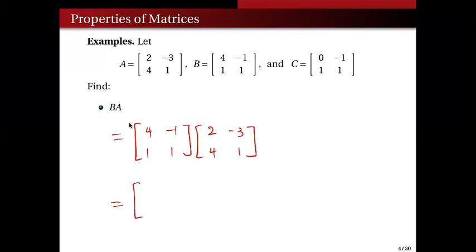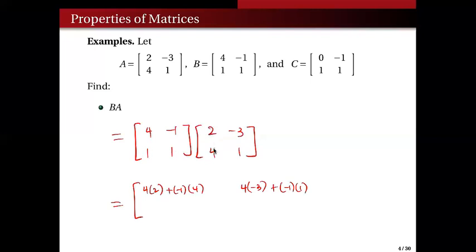So first row, first column, we have 4 times 2 plus negative 1 times 4. Then first row, second column, we have 4 times negative 3 plus negative 1 times 1.